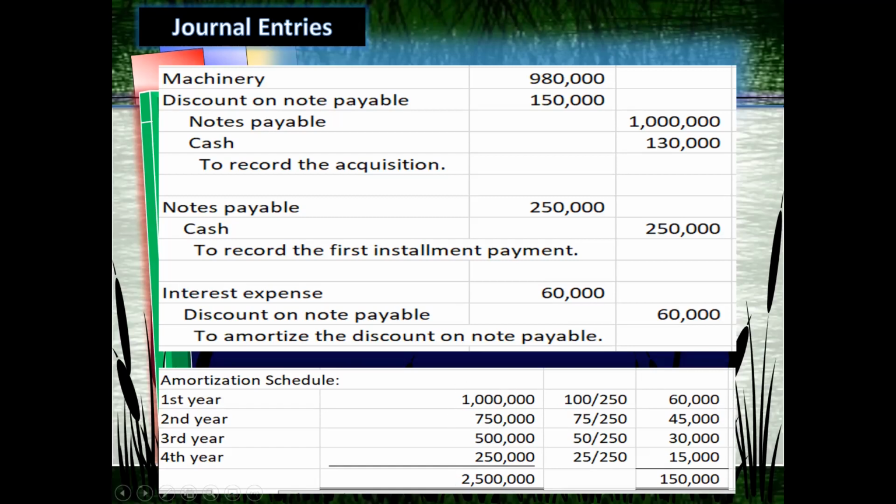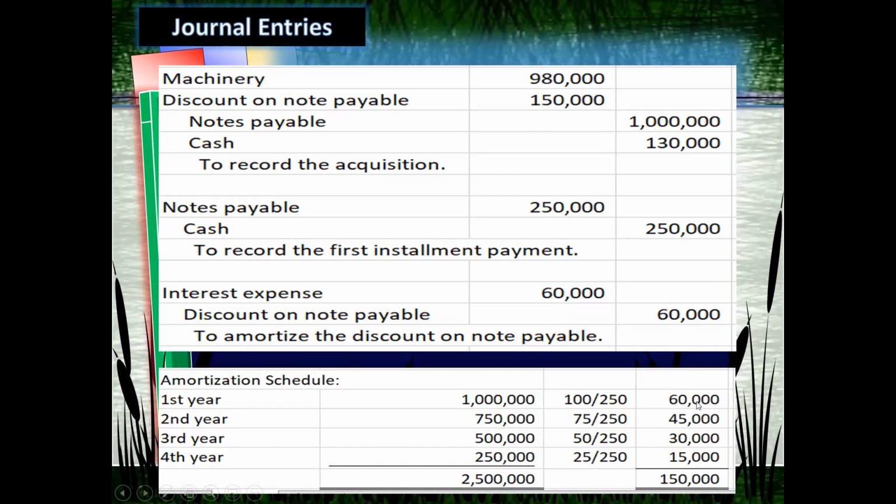So based on these amounts here, you formulate a fraction. So ito 100 over 250, 75 over 250, 50 over 250, 25 over 250. Now, to get this amortization here, etong fraction na to, you simply multiply it by your discount on note payable balance. So in this case, you have 150,000. So for the first month, you'll have 60,000.